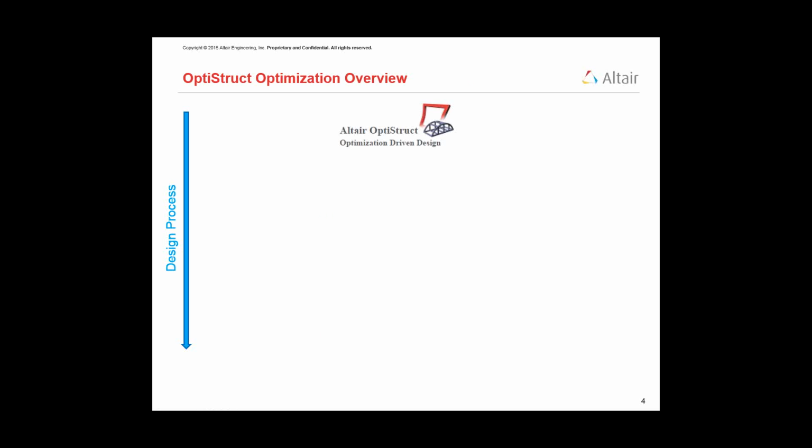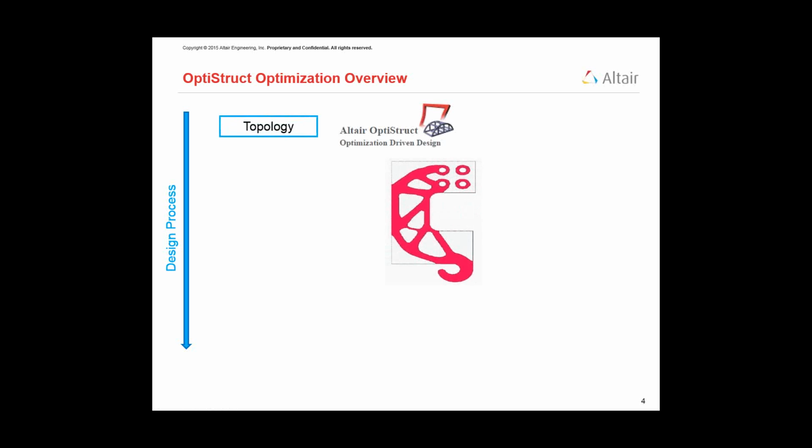So what this slide is going to show is all of the different optimization types that we can do within OptiStruct. The first of which, and probably the optimization method that is used for, I'd say easily 70 to 80% of all optimizations, is topology optimization.